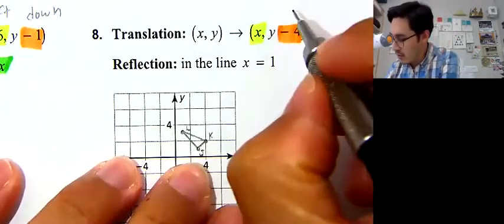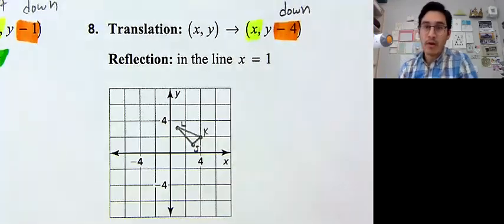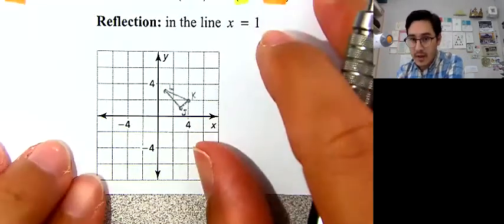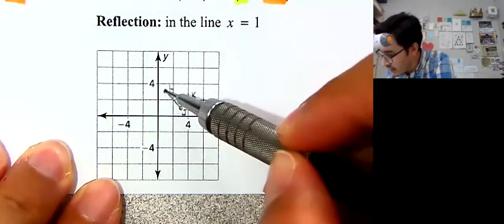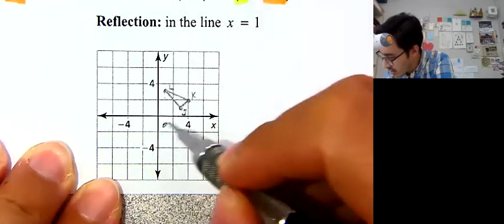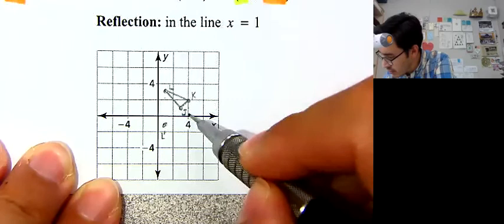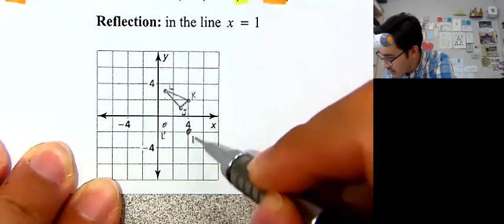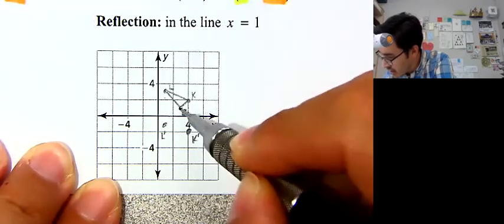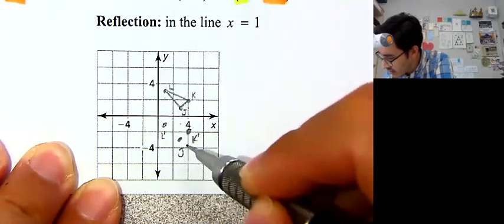Because we're subtracting from the y coordinate, that's going to move all the points down. Let's start with point L and go down 4 spaces, 1, 2, 3, 4. That is L prime. K, 1, 2, 3, 4, so that's K prime, and J, 1, 2, 3, and 4, so that is J prime.